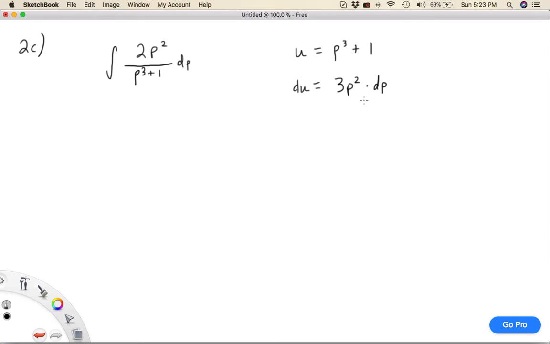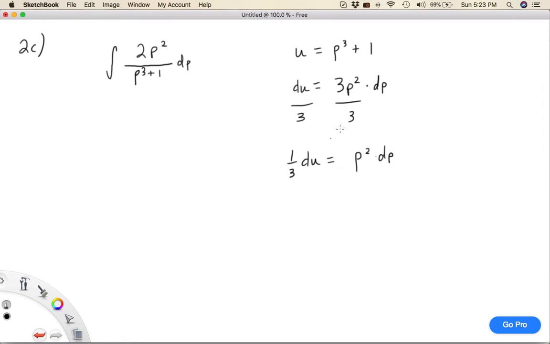Now 3p squared is pretty close to 2p squared, so I think we can rectify that with a constant multiple. So what I'm going to do is divide everything over here by 3 and 3, so we get 1/3 of du is equivalent to p squared times dp.